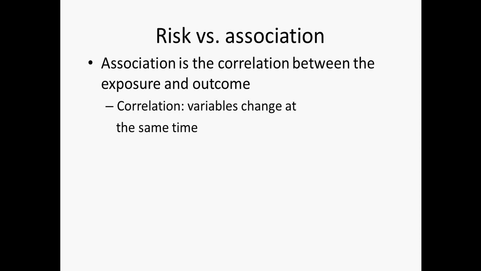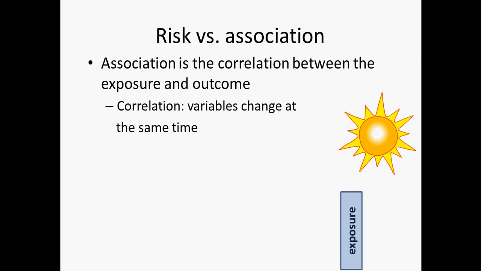So correlation is a situation where the variables, meaning our exposure and outcome, change at the same time. For example, when exposure to sun increases, incidence of certain types of cancer increases.